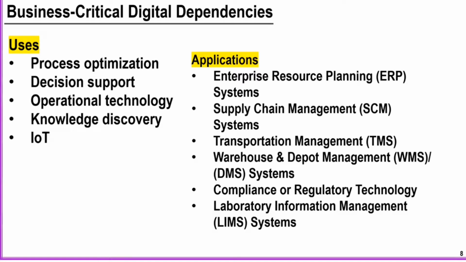Our digital dependencies for laboratory information management systems, process optimization, operational technology, knowledge discovery, decision support, Internet of Things, and for other digital systems that we use also make us vulnerable if the appropriate control measures are not implemented in time.